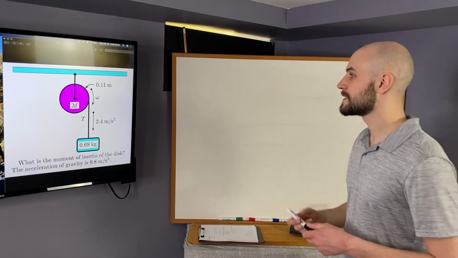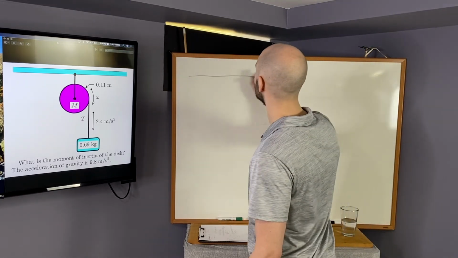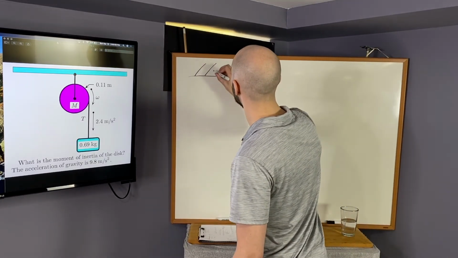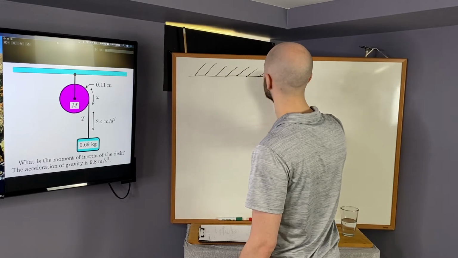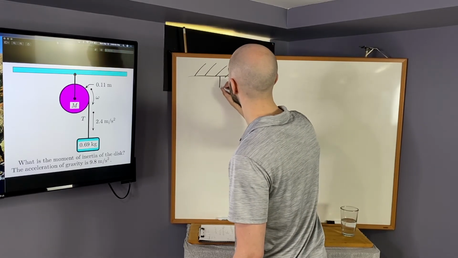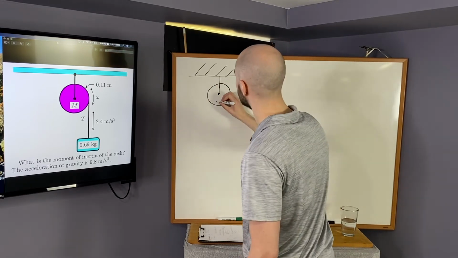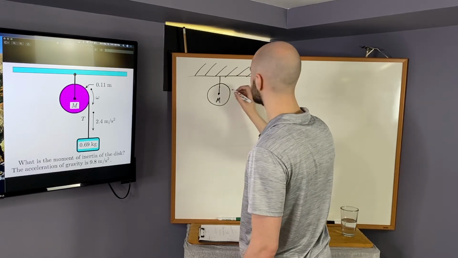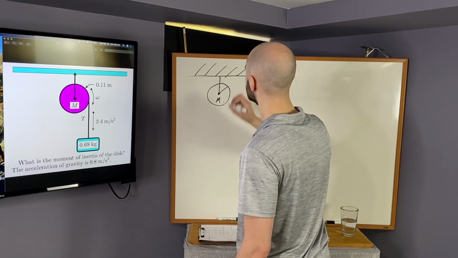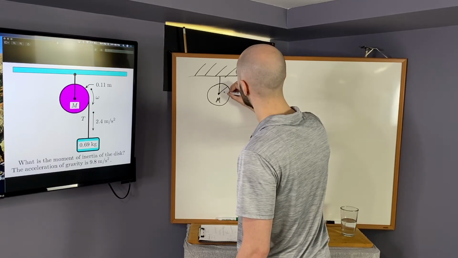All right, so there's a lot of information here. We want to organize it all. We have this pulley with some mass big M, some radius little r.